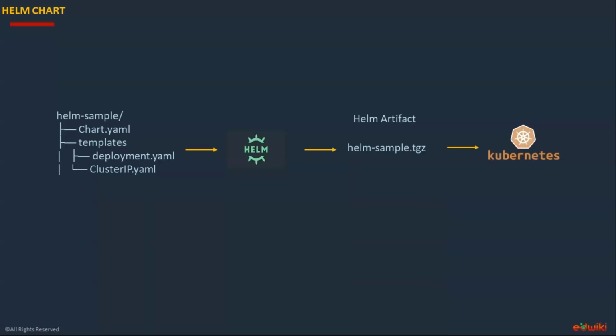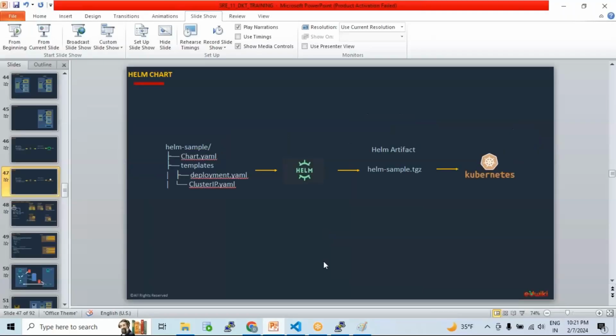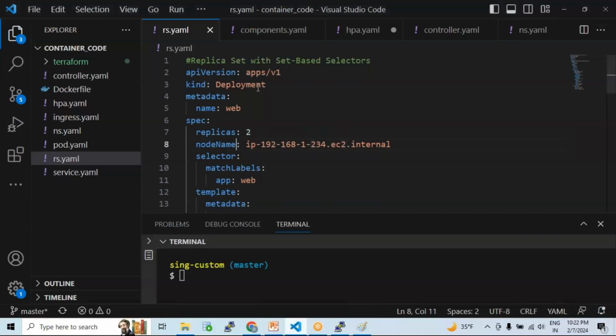So the final goal is that I need to deploy an application using the Helm chart method. As of today, I'm deploying using my kubectl apply command and applying the manifest files directly. No, you are not doing that now. You'll be doing all of that using the Helm chart method only.